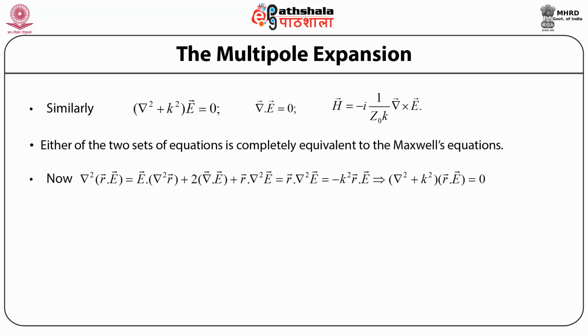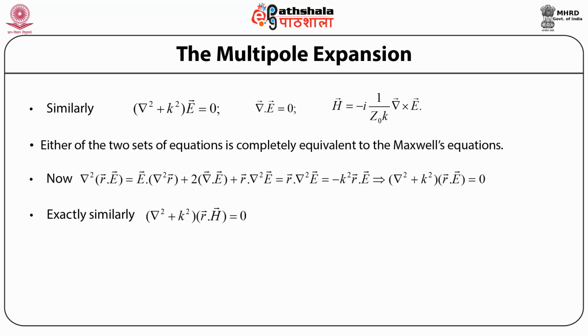So now del square into r dot E vector is equal to E dot del square r vector plus 2 into del dot E vector plus r vector dot del square E vector, which equals r vector dot del square E vector equals minus k square r vector dot E vector, and this implies that del square plus k square into r vector dot E vector is equal to 0.